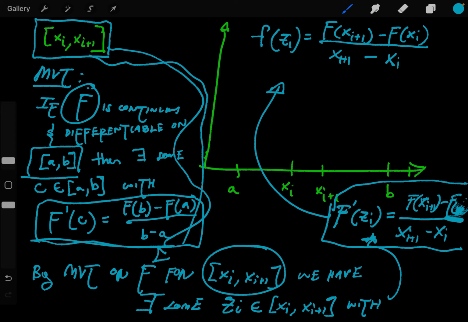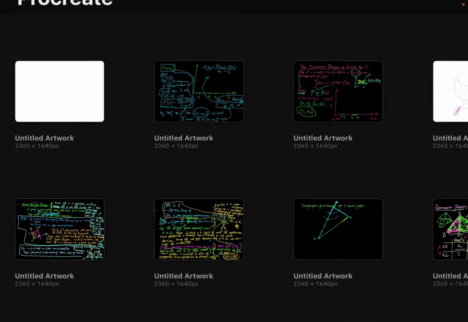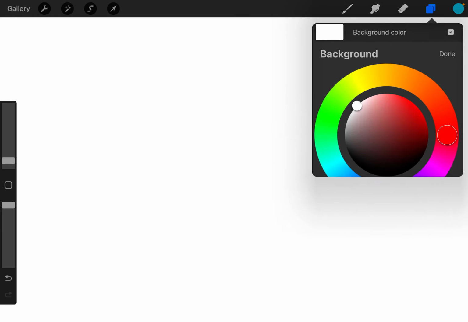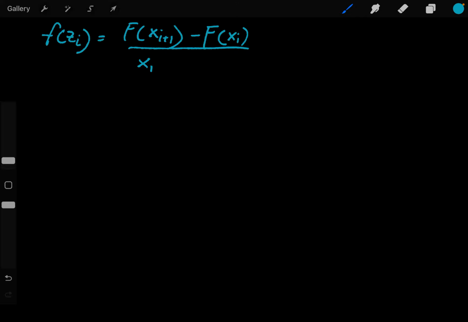And this is going to be key, because now I need to manipulate this a little bit. So I'm going to get another page. And basically what I'm going to do now is say, okay, so I have f of zi equal to capital F of x_i+1 minus capital F of x_i over x_i+1 minus x_i.